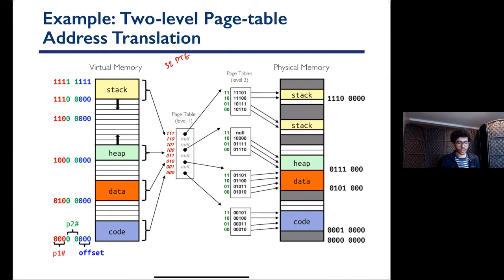And then the 4 that are pointing, each one of them is pointing to a page table level 2 with 4 entries. So in total, I have 4 times 4 page table entries, plus the initial 8.